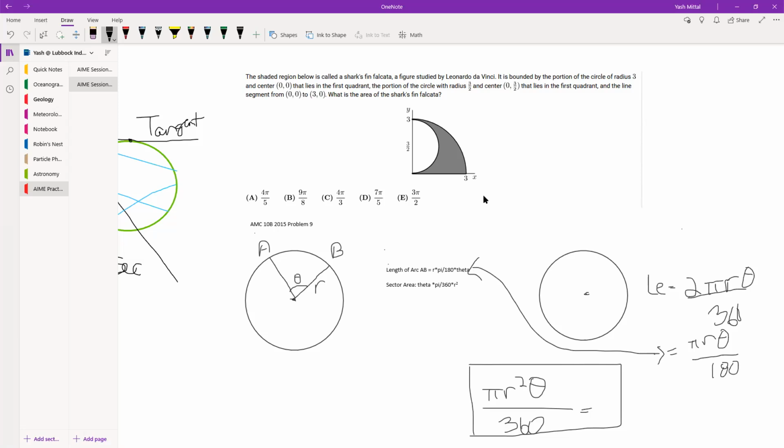All right, so did I lose anyone there? That was a little bit confusing. I would admit that was a bit confusing. Does everyone understand how to find the length based on r and theta and the sector based on r and theta? Just say yes in the chat.